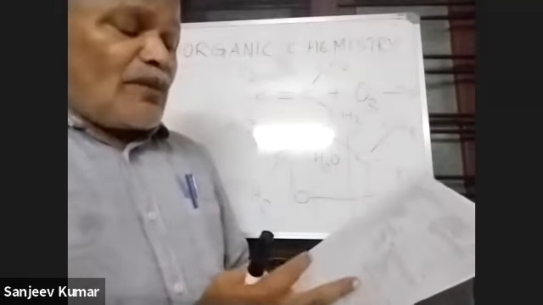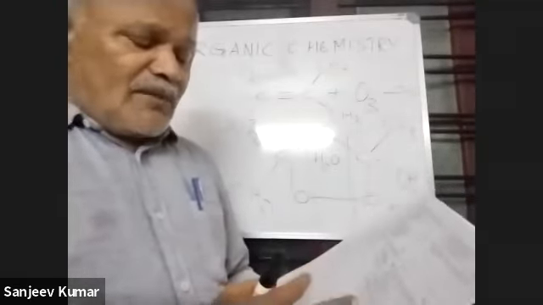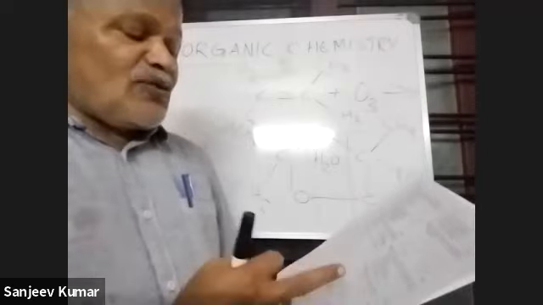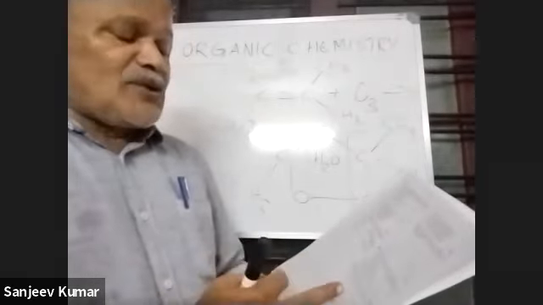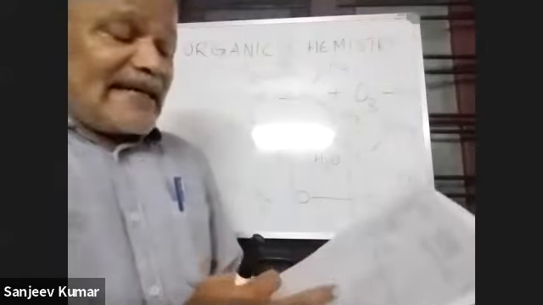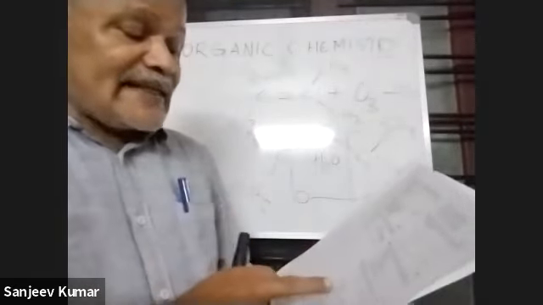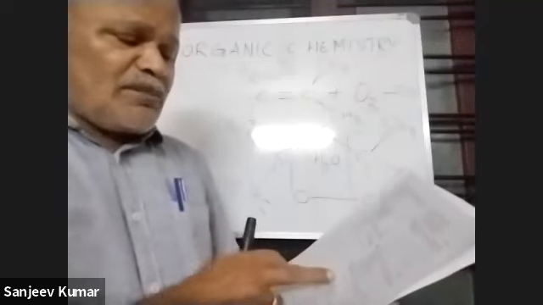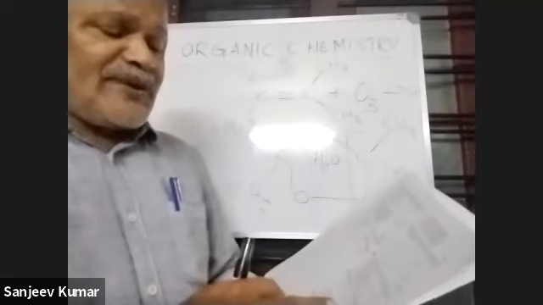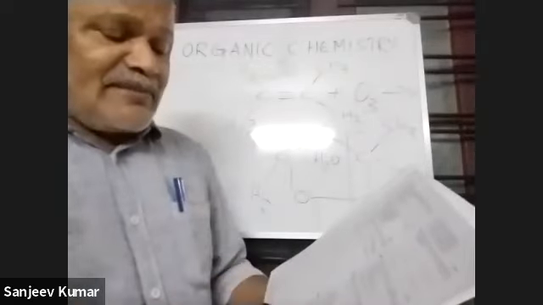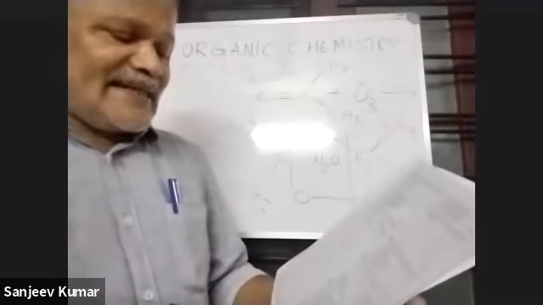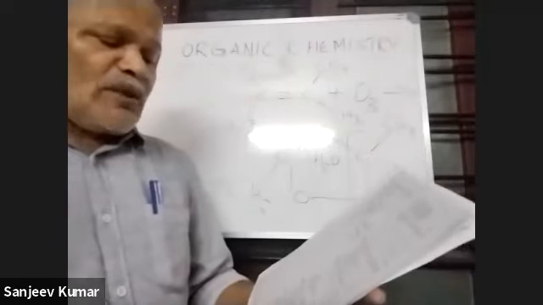Therefore, Y can be propan-1-ol or propan-2-ol, which on dehydration give propene. The alcohol is obtained from X when treated with aqueous alkali, that means X is an alkyl halide, and therefore it can be 1-bromopropane. 1-bromopropane on treating with aqueous alkali gives propan-1-ol, which on treating with concentrated sulfuric acid gives propene. Propene on treating with Baeyer's reagent gives propane-1,2-diol. Therefore the answer is C, 1-bromopropane.